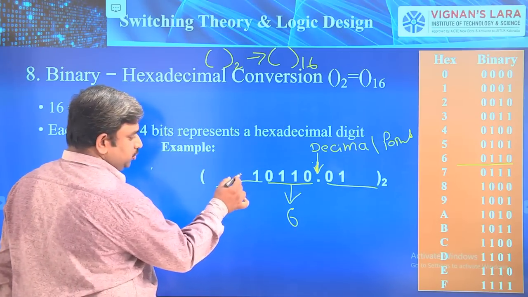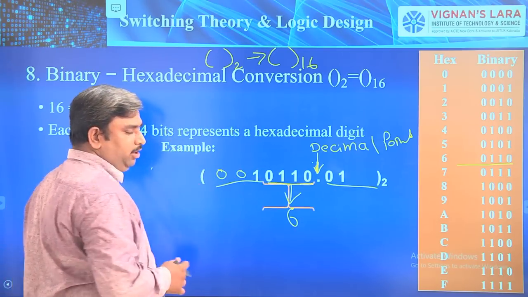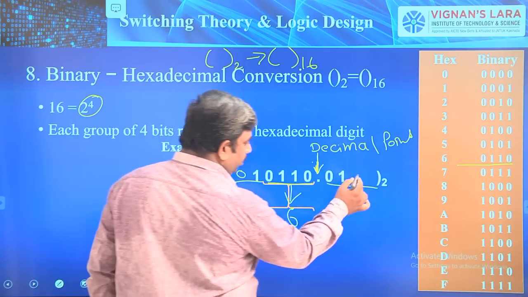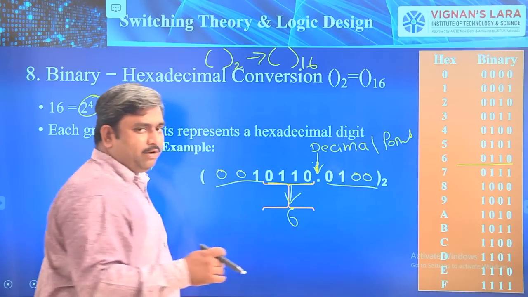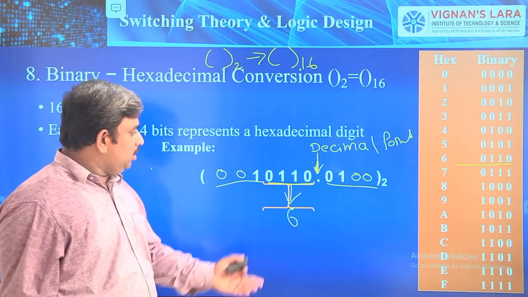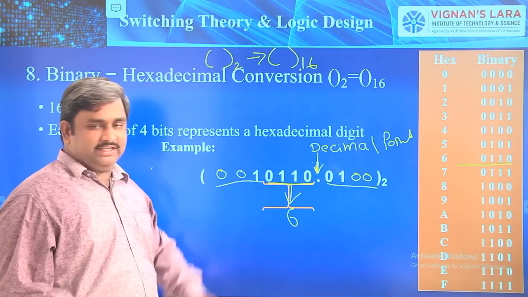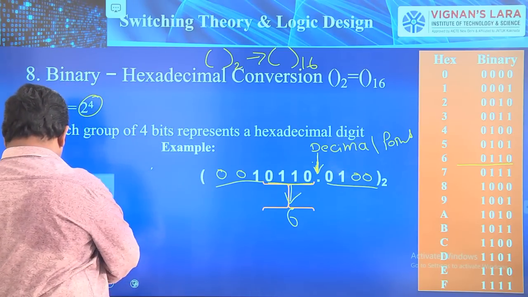If there are no digits on the left side, you can add so many zeros. It's not a big problem for the integer part. For the fractional part, you can add any number of zeros on the right side. So this is a 4 group, this is a 4 group, this is a 4 group, and this is the decimal point.